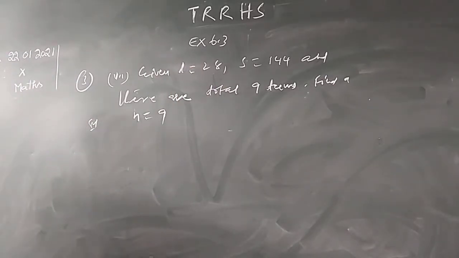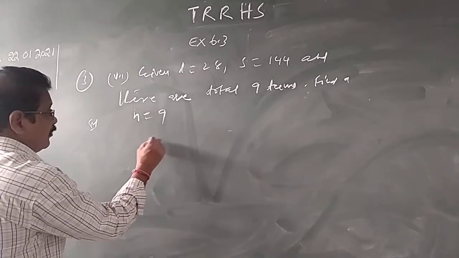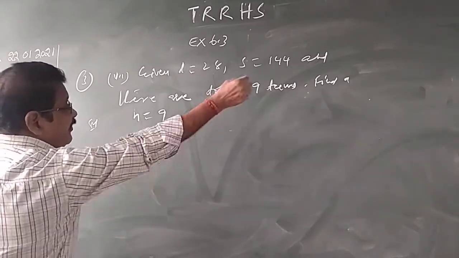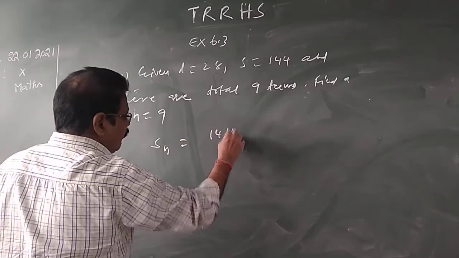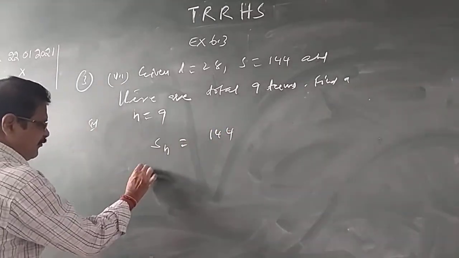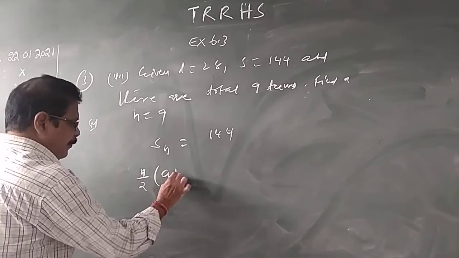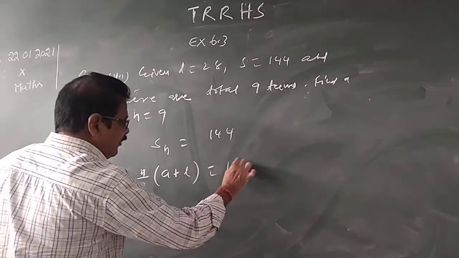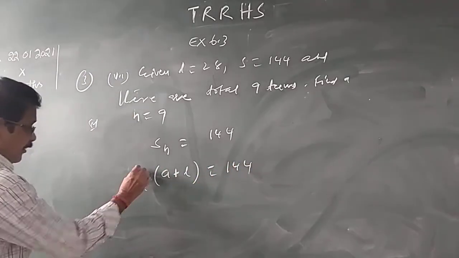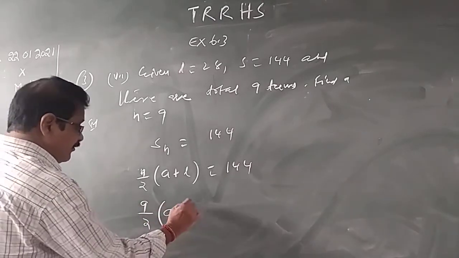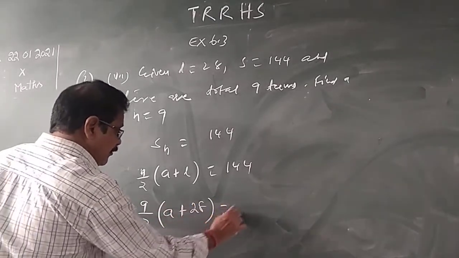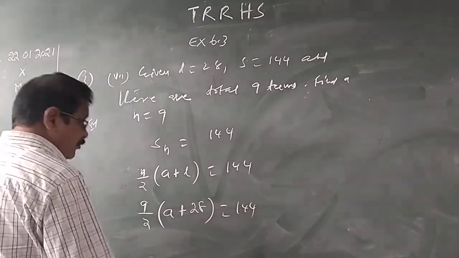Here we have S9 equal to 144. The Sn formula is n by 2 into A plus L, equal to 144. N is 9, so 9 by 2 into A plus L, where L is 28, is equal to 144.